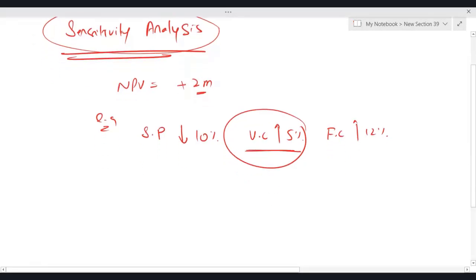Okay. Now, before applying sensitivity analysis, organizations should know that there are limitations in sensitivity analysis. What are the limitations? Number one, when we apply sensitivity analysis, at a time it is applicable only on one variable, and it assumes all other variables are constant. Practically, this is not the case.